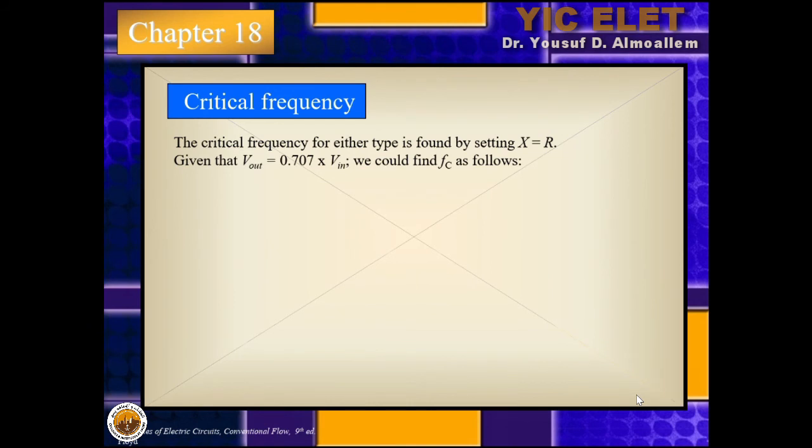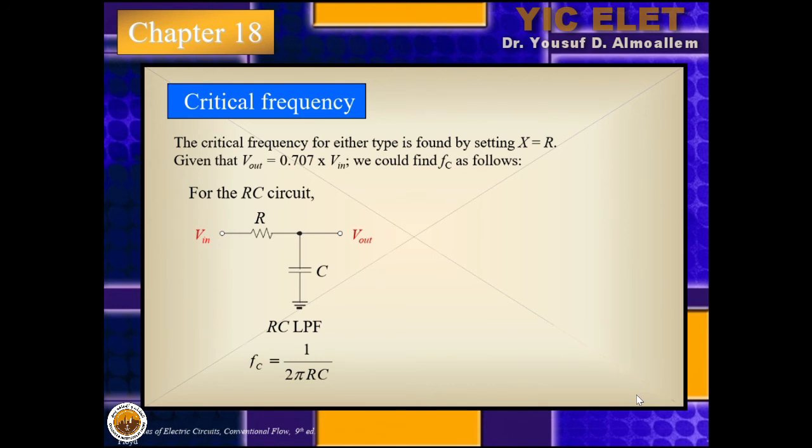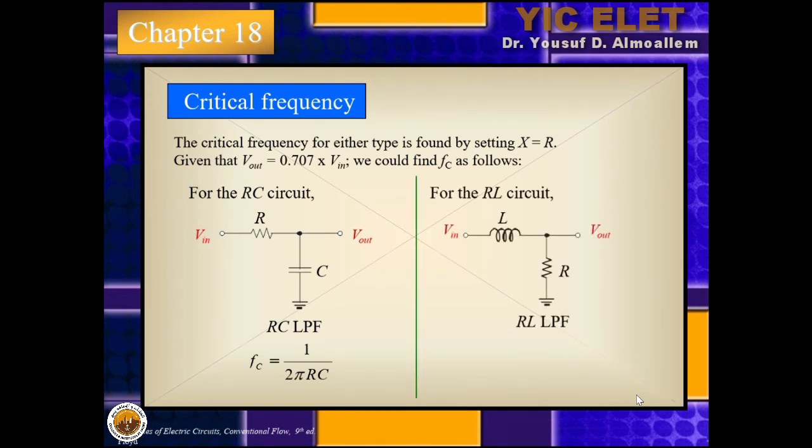Now, how do we calculate the critical frequency? In fact, the critical frequency can be calculated by setting X equal to R, whether it is X_L or X_C. At that moment, we know that V out is equal to 0.707 V in. Plugging these numbers into the previous equations, we find that for both the RC circuits as well as the RL circuits, f_c is given by the following equations.